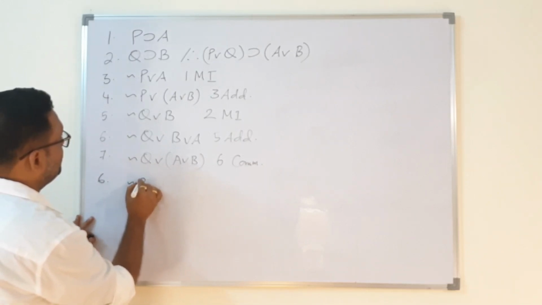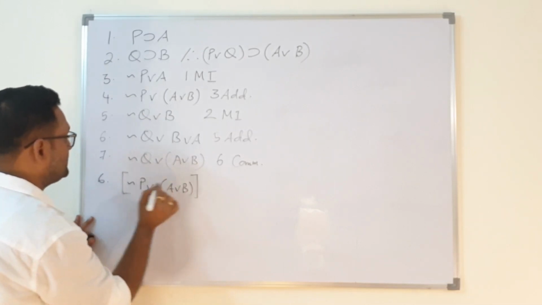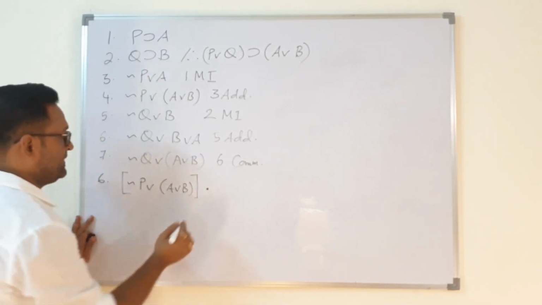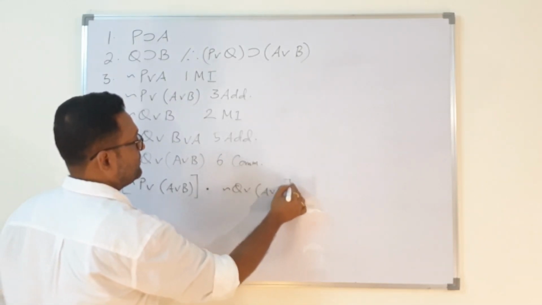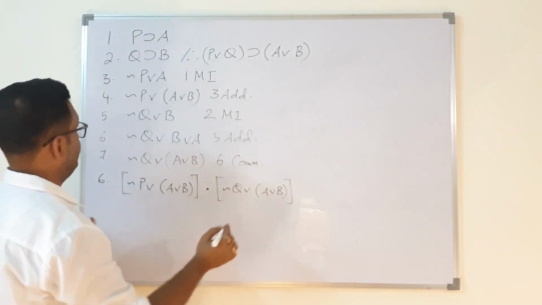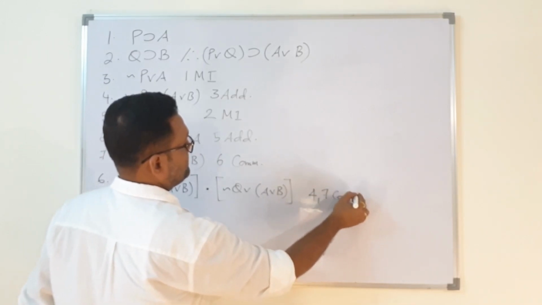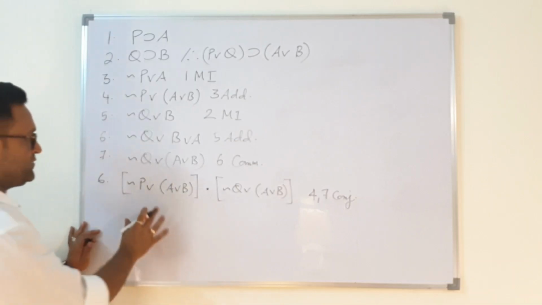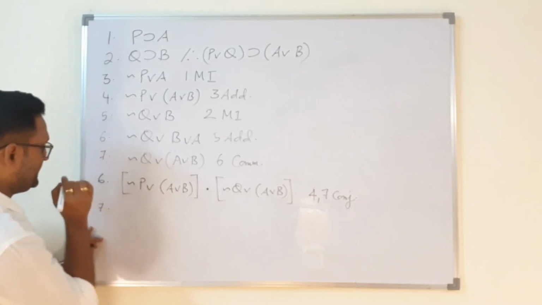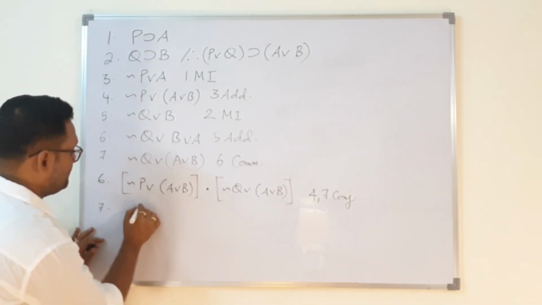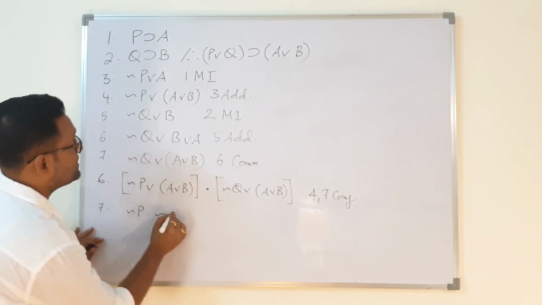I will write negation of P wedge A wedge B, full bracket, dot, because I am conjoining, negation of Q wedge A wedge B, full bracket, and I will write it as 4, 7 conjunction. Fine. Now, as you can see that it is already in the form which we want, so we can put it as negation of P dot negation of Q.